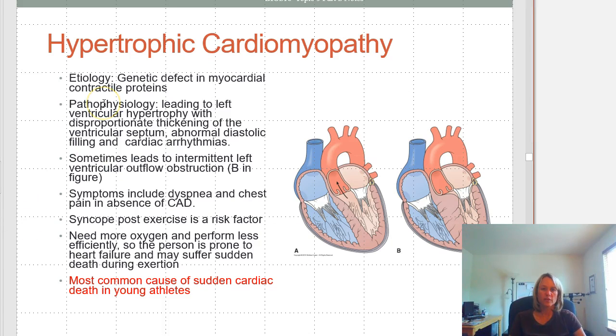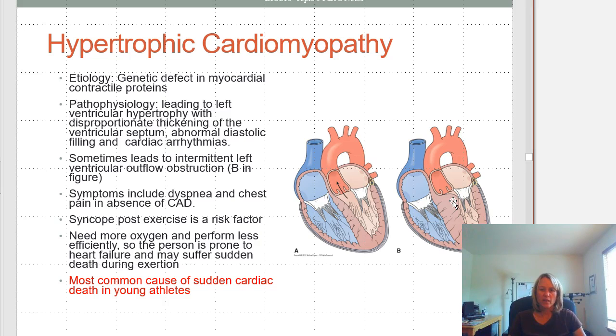Here's an example of a genetic cardiomyopathy, hypertrophic cardiomyopathy. And this is a genetic defect in some myocardial contractile proteins. This leads to severe left ventricular hypertrophy, and we have disproportionate thickening of the ventricular septum, abnormal filling, and cardiac arrhythmias.